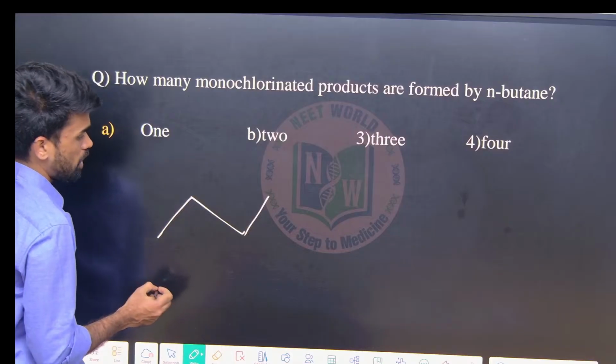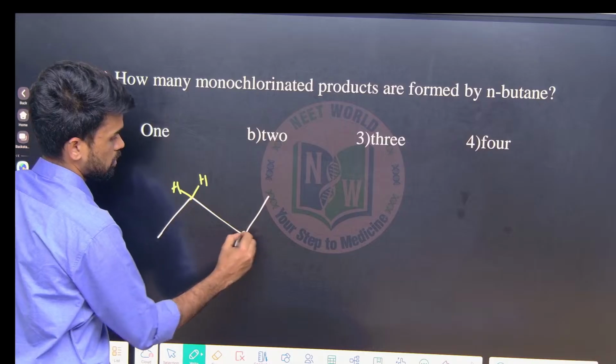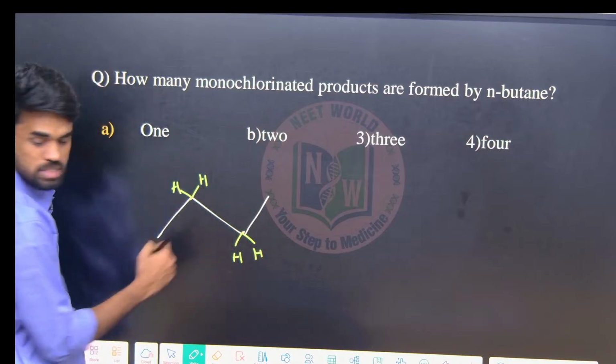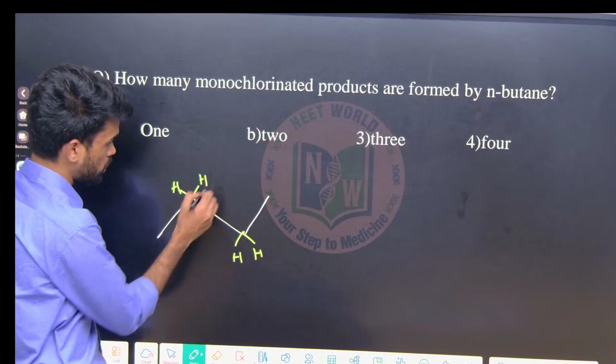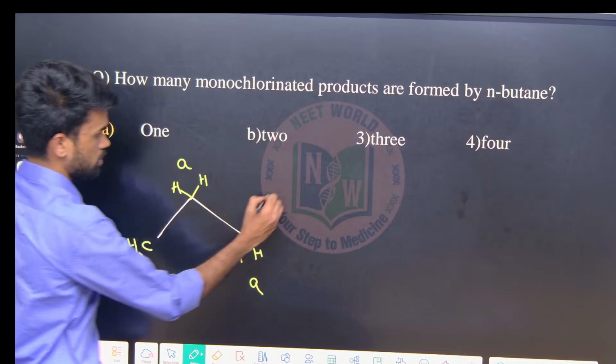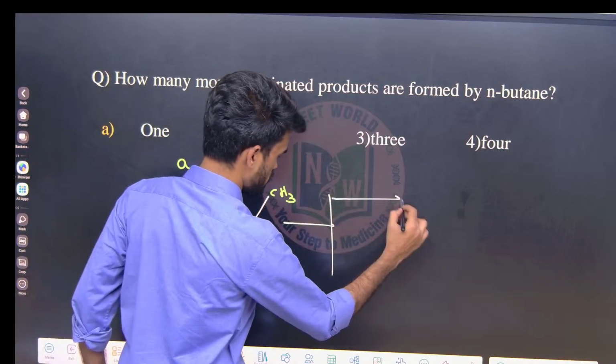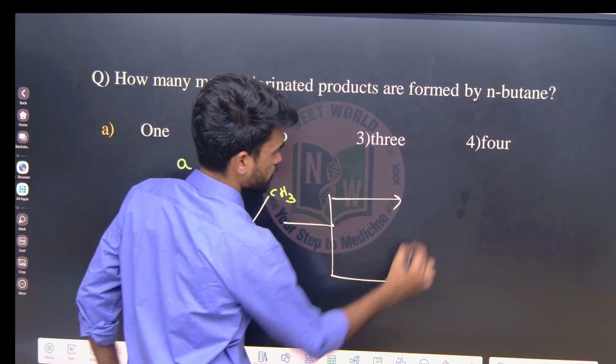First of all, identify the type of hydrogen. These two hydrogens are on the same secondary carbon, so this is A type. Now what about these methyl groups? This is B type. So there are 2 types. Now do chlorination at the terminal side first.